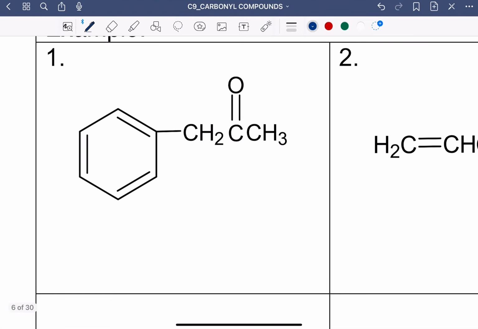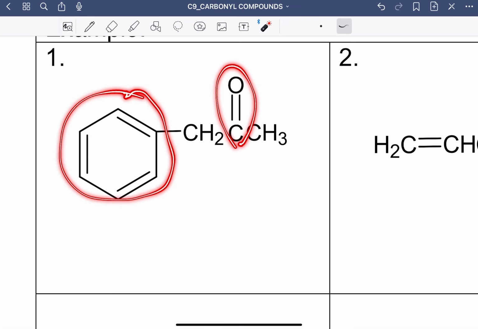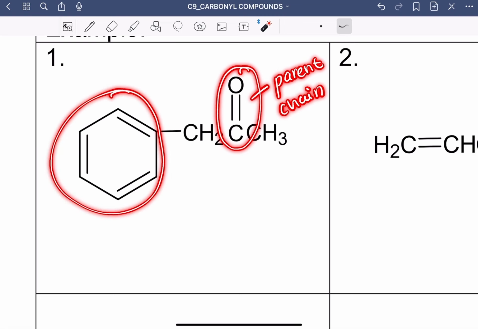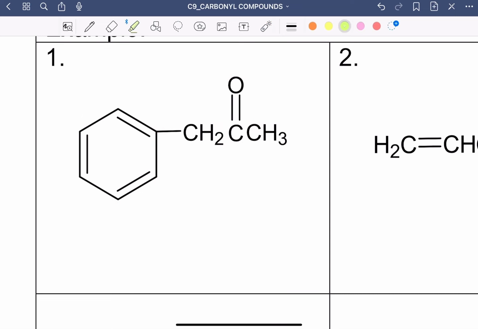Okay, so same thing. We are going to have 2 functional groups. So the priority will go to the carbonyl. So this one will be the parent chain, and this one will be the substituent. Right. So 1, 2, 3.